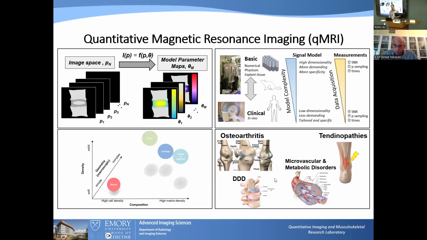As I mentioned, we primarily focus on musculoskeletal research, although thanks to Dr. Belanke and more recently Dr. Steinmetz, we've been migrating these technologies into the body and studying the pancreas. Some of the examples of diseases that we've worked on are here in the bottom right.